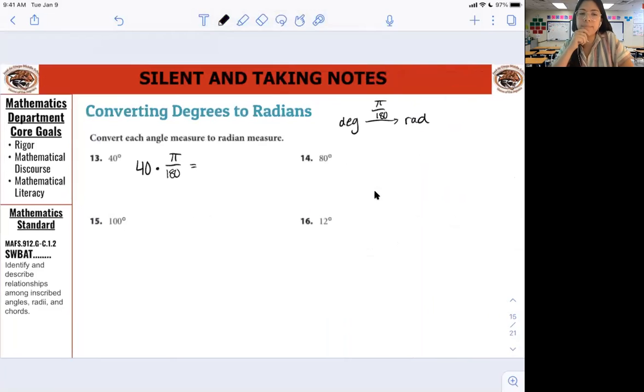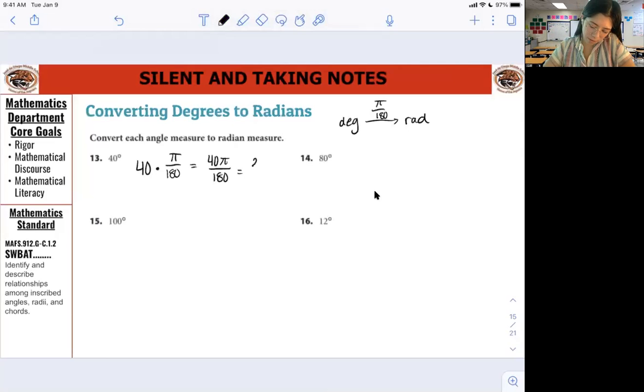What do I get? 40 pi over 180. Can I simplify that fraction, 40 over 180? 2 over, not 2 over 90, 2 over 9.